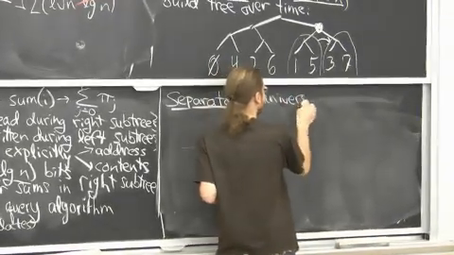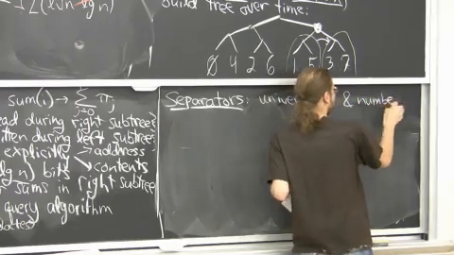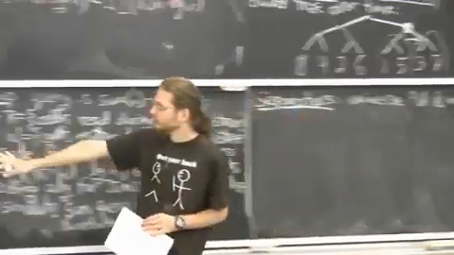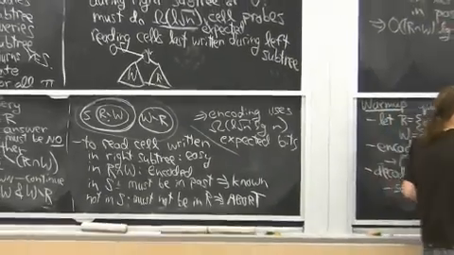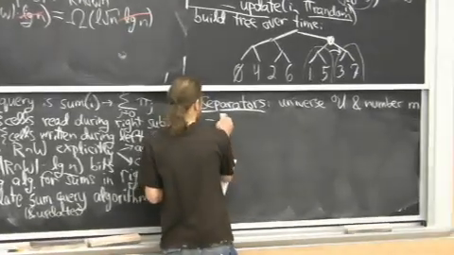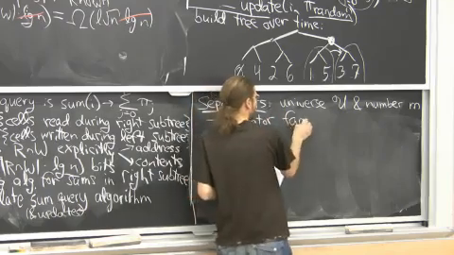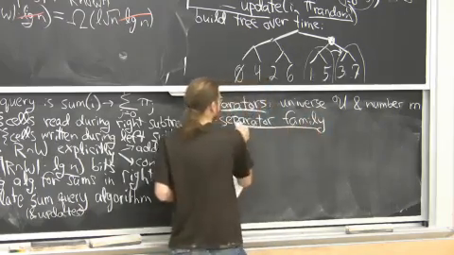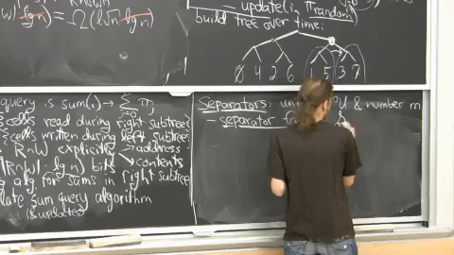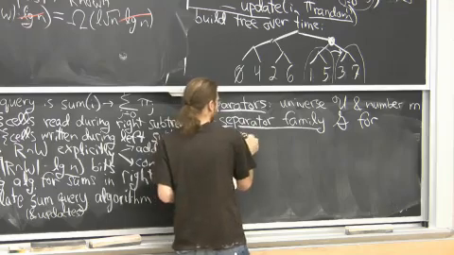I'm not going to prove it fully, but I'm going to rely on some hashing ability. So given some universe U, in this case it's going to be the cells in our data structure, but speak a little bit more generally of a universe U, we have some number m, which is our set size. And what we're interested in is defining what we call a separator family, kind of like a family of hash functions, closely related in fact. Call it S. And it's going to work for size m sets.